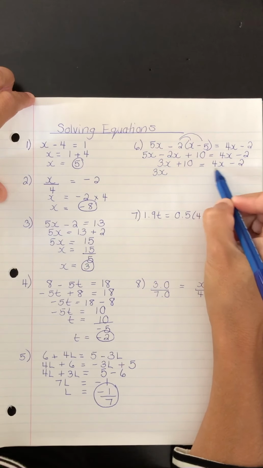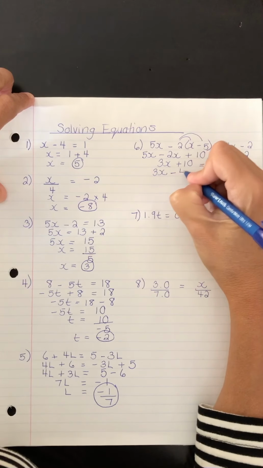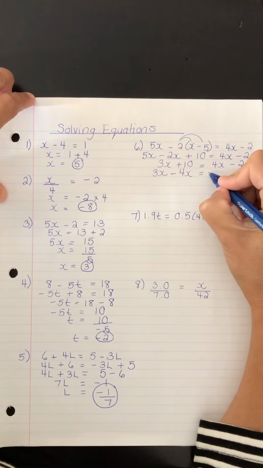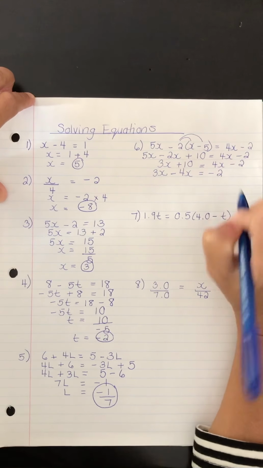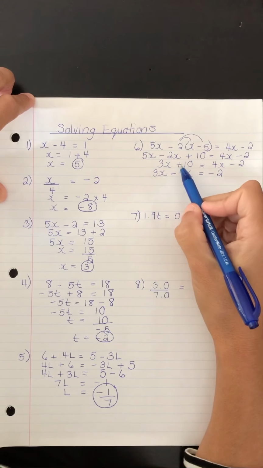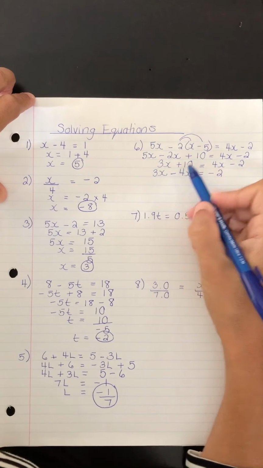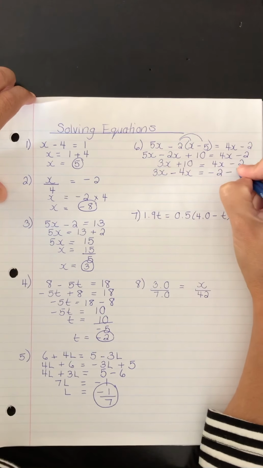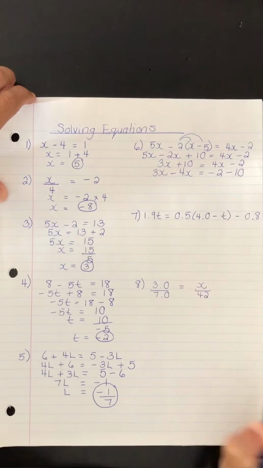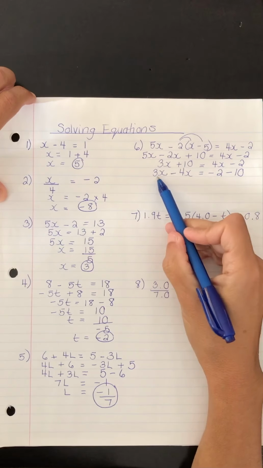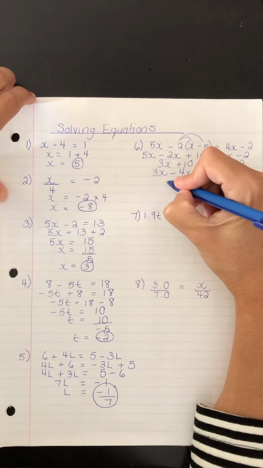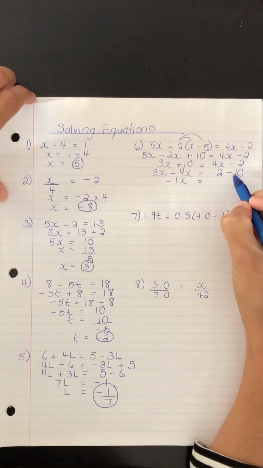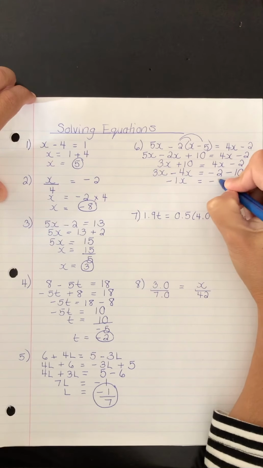It's currently a positive quantity, so we must subtract 4x. The number -2 is already on the right side of the equal sign. The 10 is moving to the right side, so it changes from addition of 10 to subtraction of 10. 3x minus 4x will give you -1x. -2 minus 10 is -12.